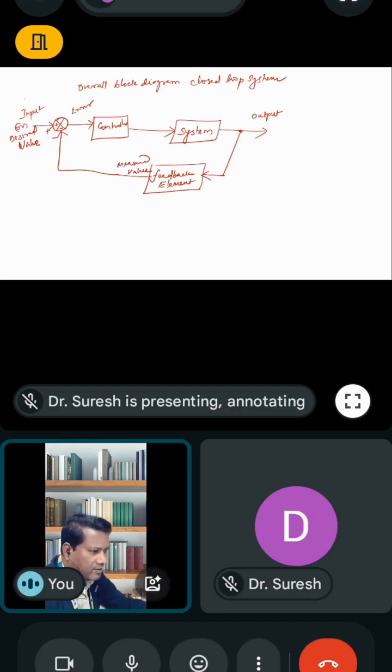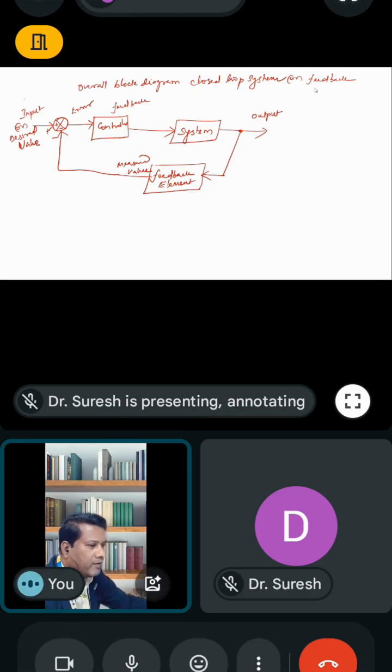Output is measured, compared with the desired value, and error or deviation is produced. That error is minimized by the controller. This controller is called the feedback controller. The entire system is also called closed loop control system or feedback control system.